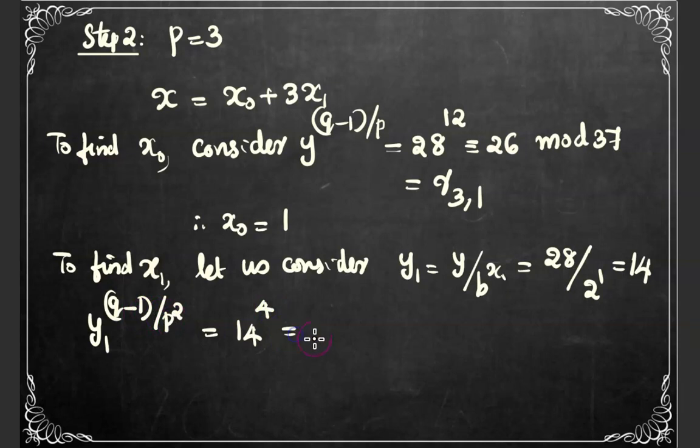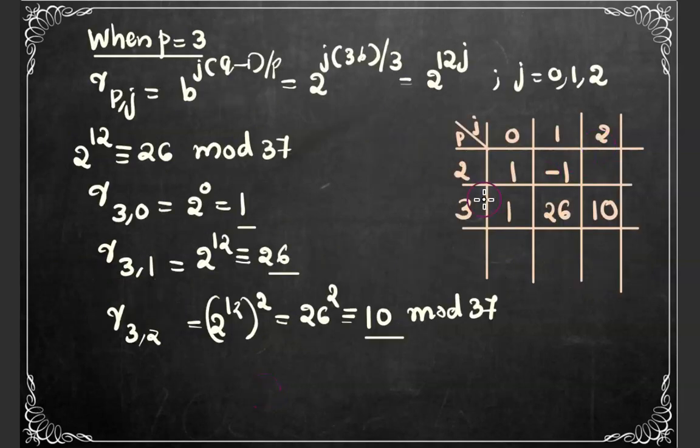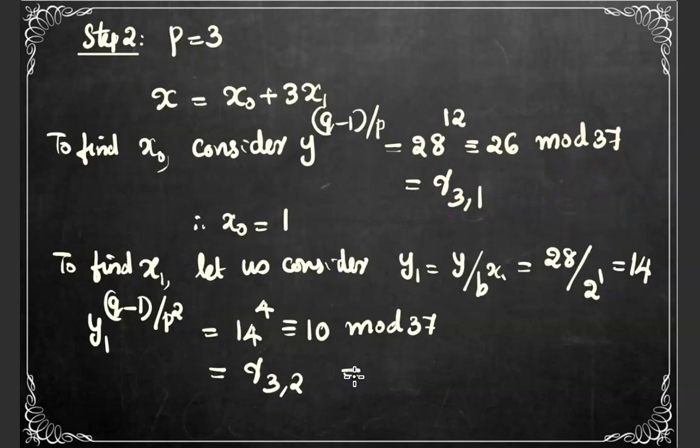So we need to evaluate 14 raised to 4, and we can see that this is congruent to 10 modulo 37. And comparing this value 10 with the values of R3Js, we can see that this 10 is equal to R32, which implies that x1 is equal to 2.